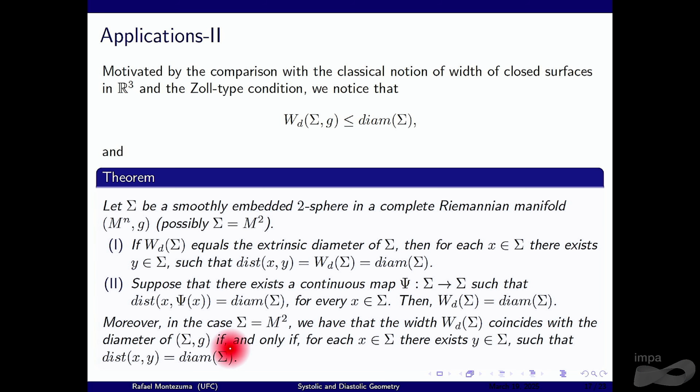So in the intrinsic case, the width coincides with the diameter if and only if, for each point on the surface, you have one which is diametrically distant. This is because in this particular case, we can show, similar to what happened for curves, that each point x belongs to at most one critical pair which is not trivial, which is not just the point itself. Okay.